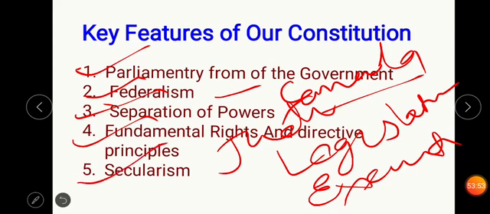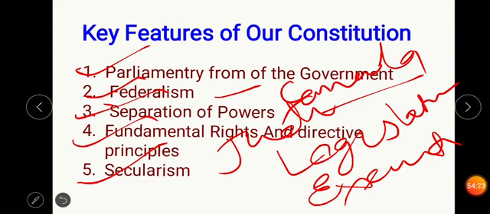Now, last but not least, secularism. Secularism was a later addition to the constitution. It was realized that the fraternity and unity of a pluralistic country like India could be established only on the foundation of secularism. So secularism here means that discrimination on the basis of religion is neither allowed nor followed by the state.